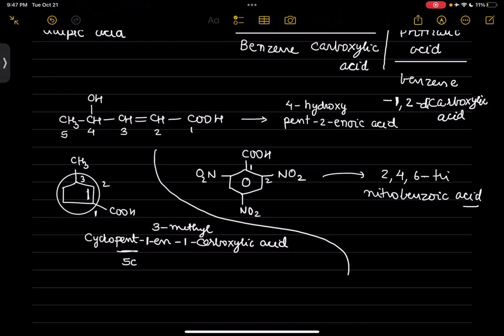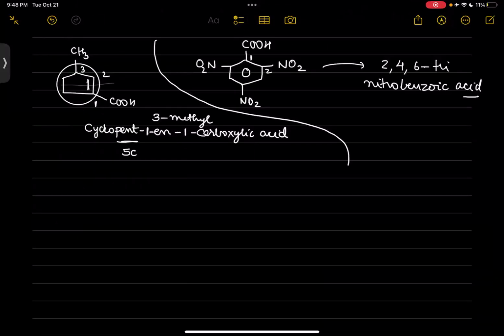Now, we will move on to the preparation of carboxylic acid, how to prepare them. Okay. Preparation of carboxylic acid by oxidation of alkenes.